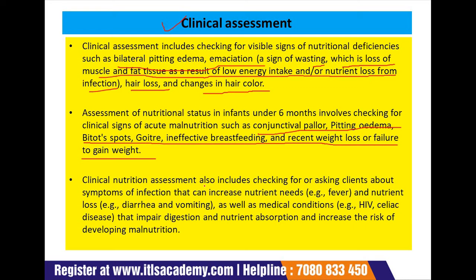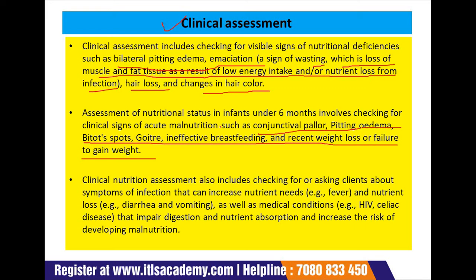Clinical nutritional assessment also includes checking for and asking the client about symptoms of infection that can increase nutritional needs, like fever, and nutrient loss, like diarrhea and vomiting, as well as medical conditions like HIV that impair digestion and nutrient absorption and increase the risk of developing malnutrition.